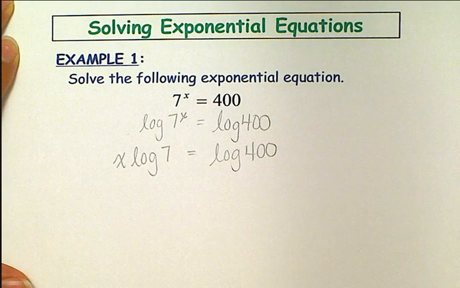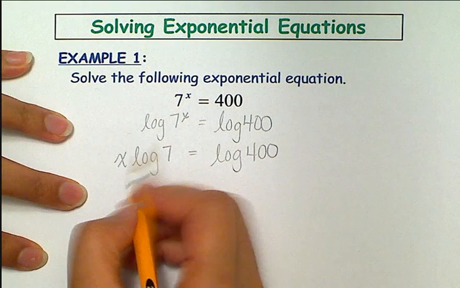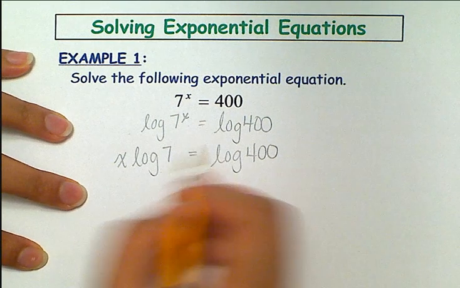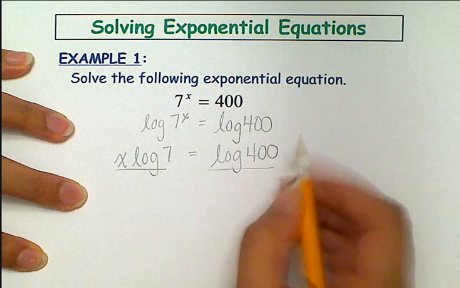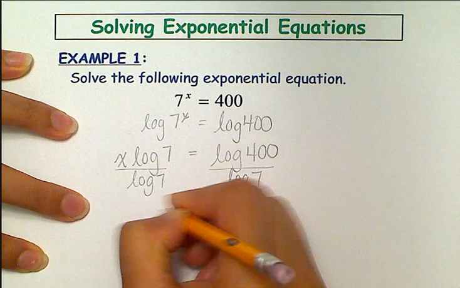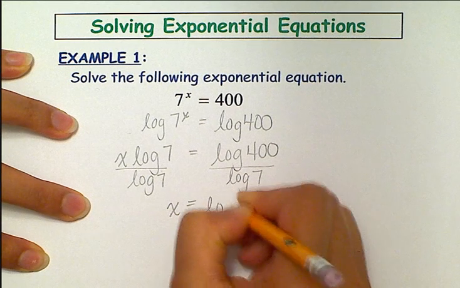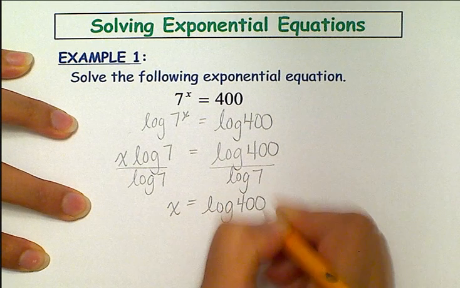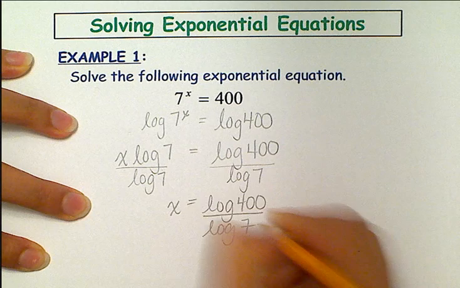Then to isolate the x, I know the operation between the x and the logarithm is multiplication, and the opposite of multiplication is division. So I'll divide both sides by log of 7. And I get x is equal to log of 400 divided by the log of 7. So this is the exact answer.